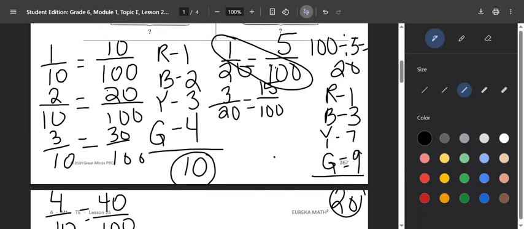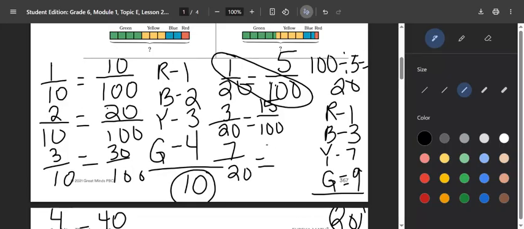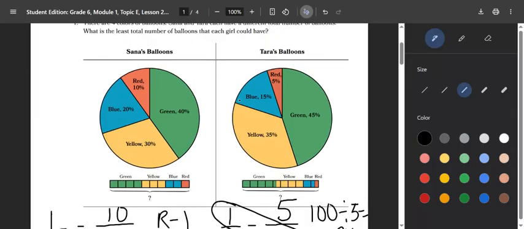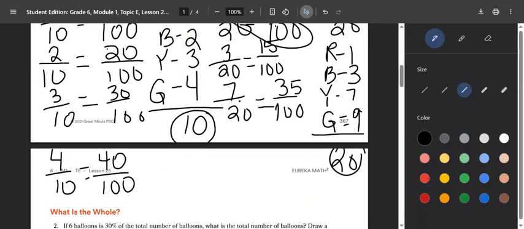All right, and then the yellow is 7 out of 20, which is going to be 20 times 5 is 100. 7 times 5 is 35%, which is correct. And then the green is 9 out of 20, which would be 45.